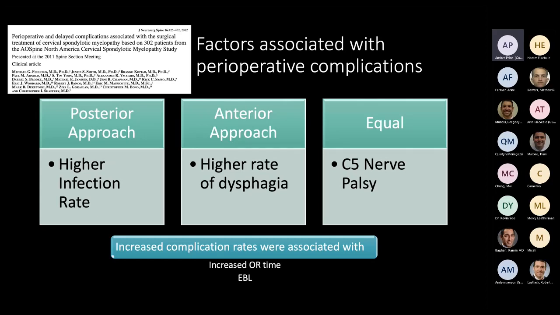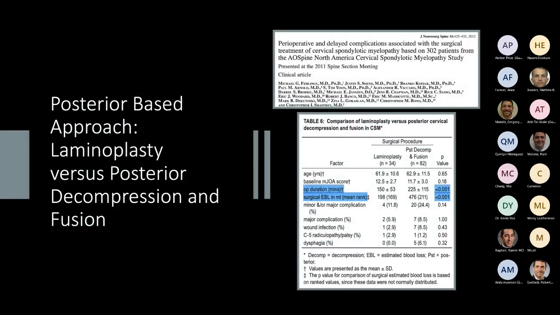I have a study coming up that showed higher C5 nerve palsy rates in posterior approaches, but then an additional study that showed equal. Universally, though, increased complication rates were associated with increased OR time and EBL, and so it's important to be cognizant of that when you're in the OR, that these do show increased complication rates the longer you're in there.